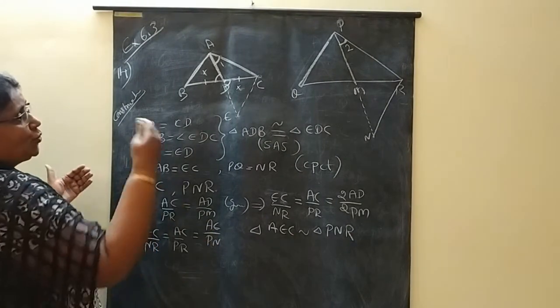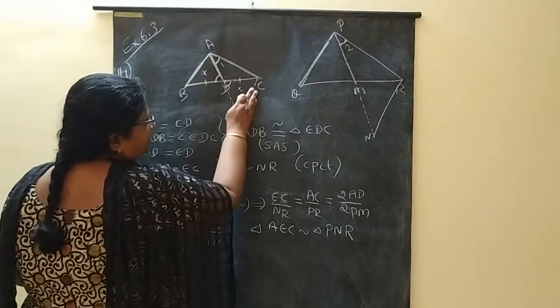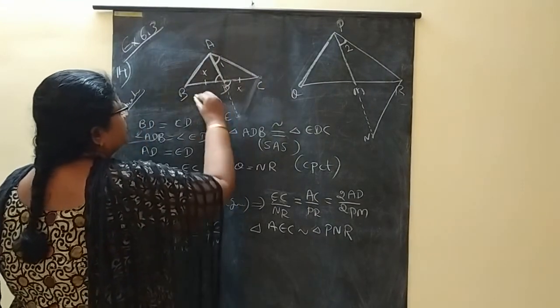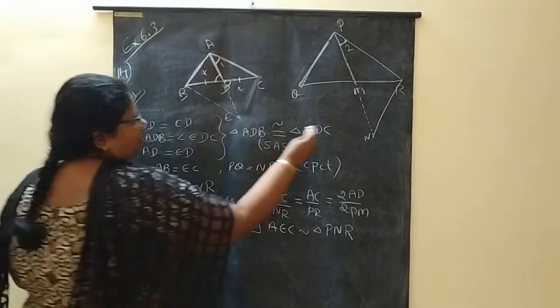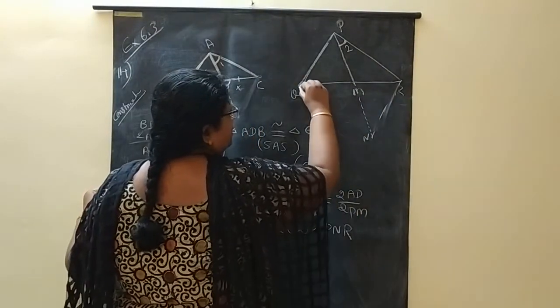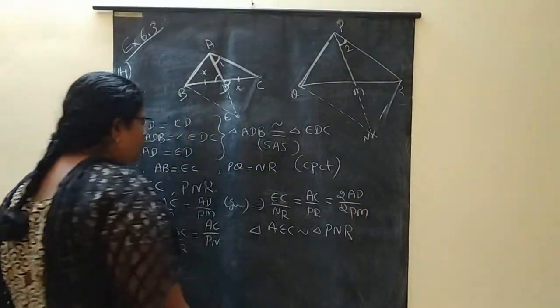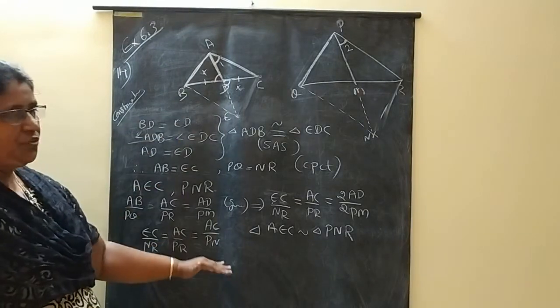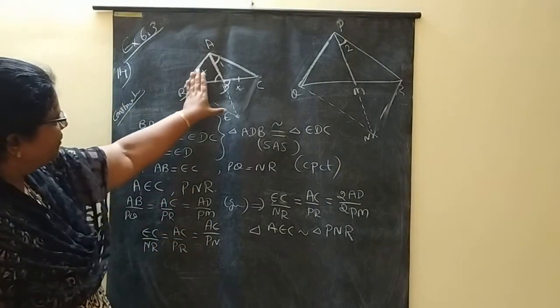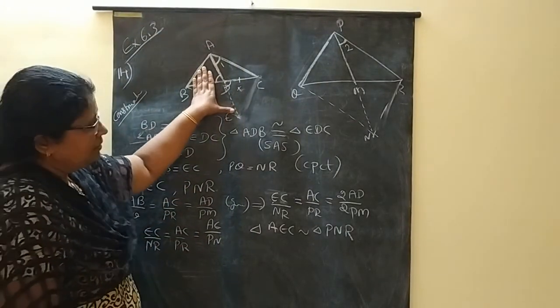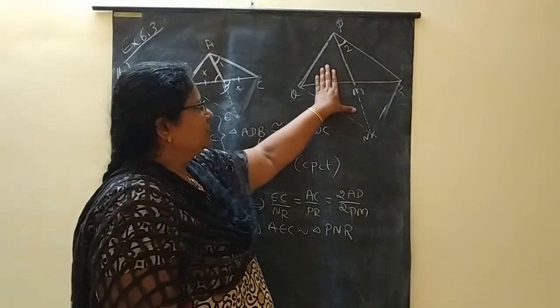Now we are doing the same step. This we are removing, join this left part. Do the same procedure. Then we will get this left triangle similar to this left triangle.